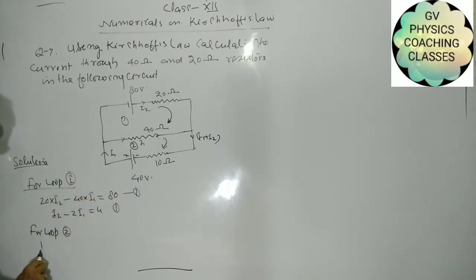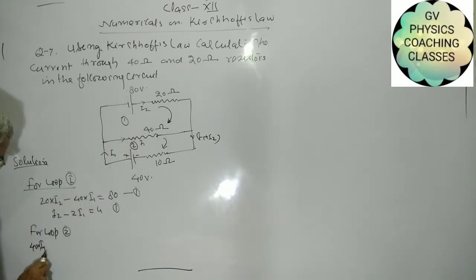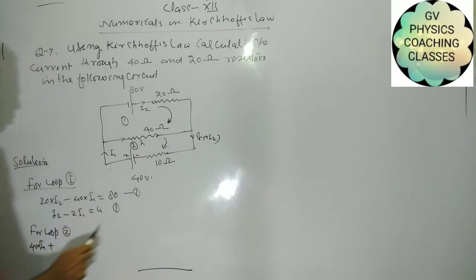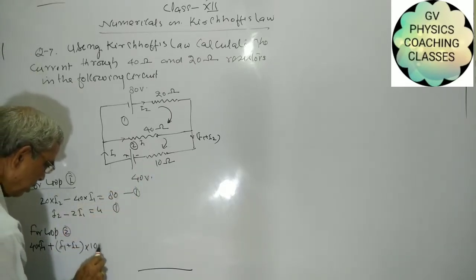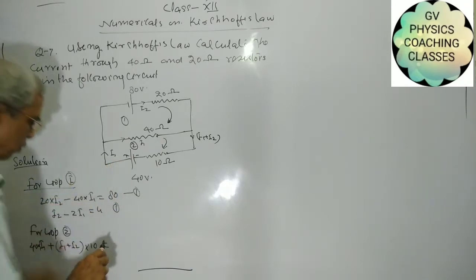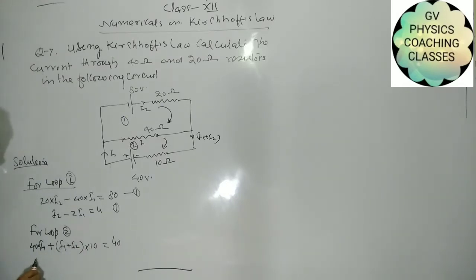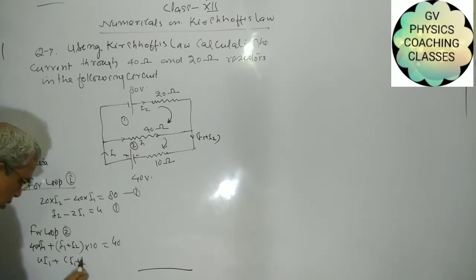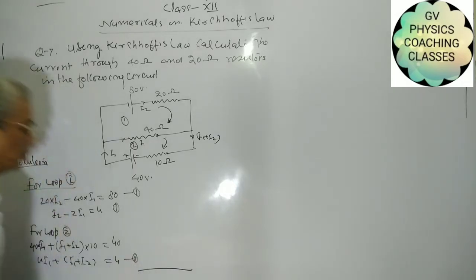So I1, how much? 40 into I1 plus I1 plus I2 into 10 is equal to 40, or we can divide by 10. 4I1 plus I1 plus I2 into 4. This is our equation 2.